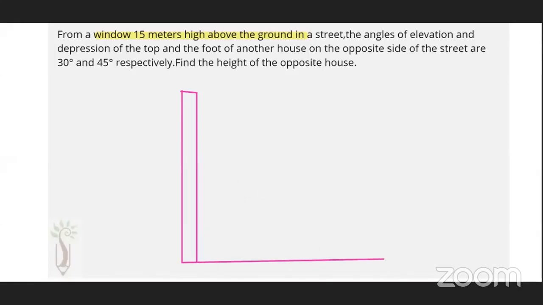And there is a window in the middle, around 15 meter high. So let's say this is the window. The angle of elevation and depression of the top and foot of another house. So my next house is a little bit higher. Let's say this is the house.